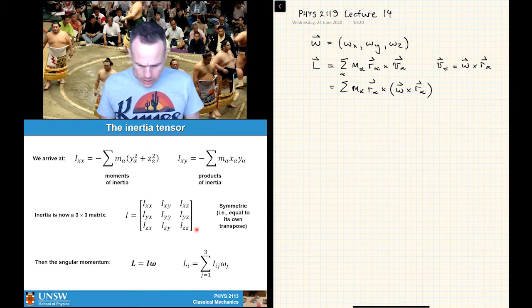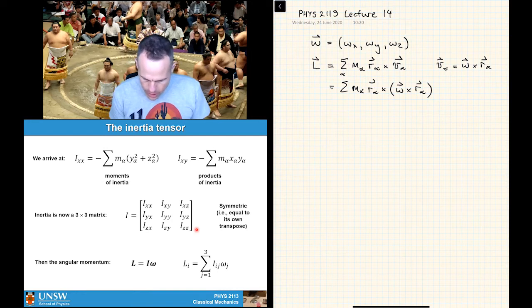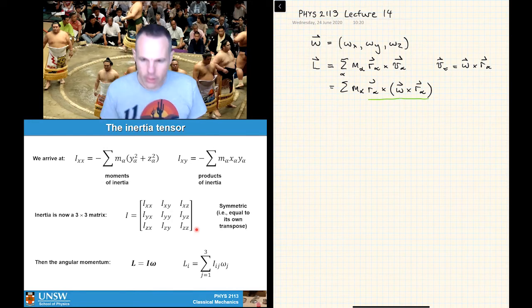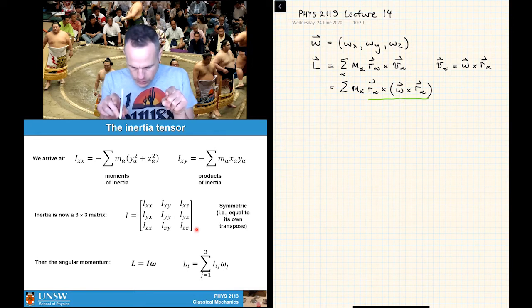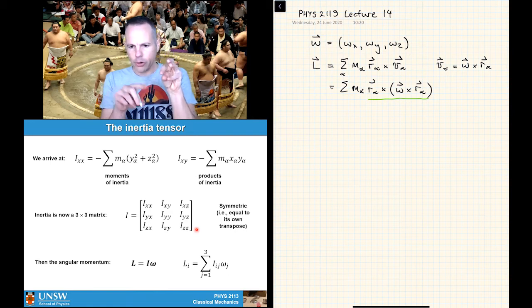And you'll notice something kind of interesting here. We've got two cross products. We've got something that looks like R cross omega cross R alpha. If you think about this for a second, imagine we rearrange the terms here. So what we had was R alpha cross omega.